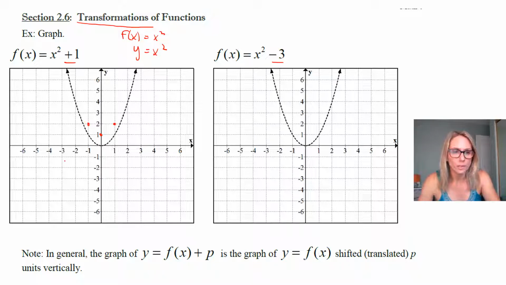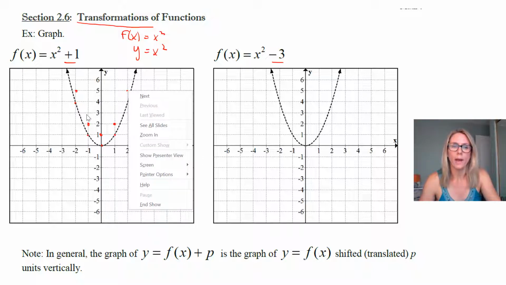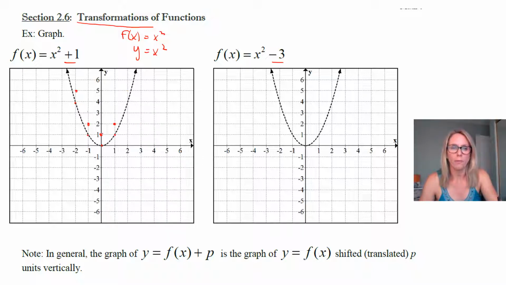And what I really want you to see is the fact that if you look at this point, and this point, the new points are all just a point that is a vertical shift 1 unit up. So if you can find any other point on this parabola and you just move it up 1, come over here, we have this point, we move it up 1, you will now have the new graph of this x squared plus 1.